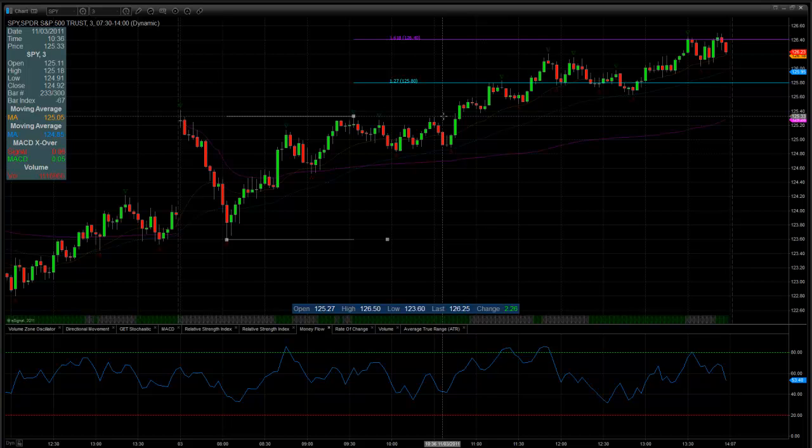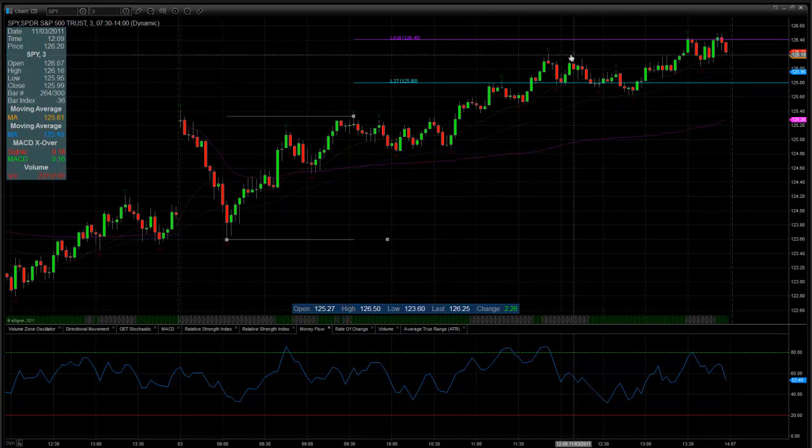Why it's important is because my bigger viewpoint on the spiders was that we were going to have resistance between 125.10 and 126.10. That area was the top end of my spot. I was looking for the market to find a lid and reverse off of. So I tried shorting off of that level and made a little bit of money, but I want to show you how I managed it because I think it's important for people to pay attention to.